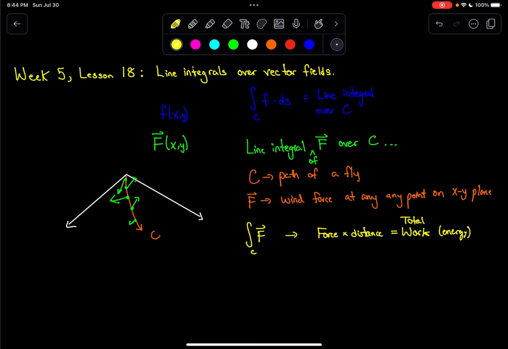Now, hopefully you're paying very close attention and you notice that I have intentionally left this out. I didn't put ds here.